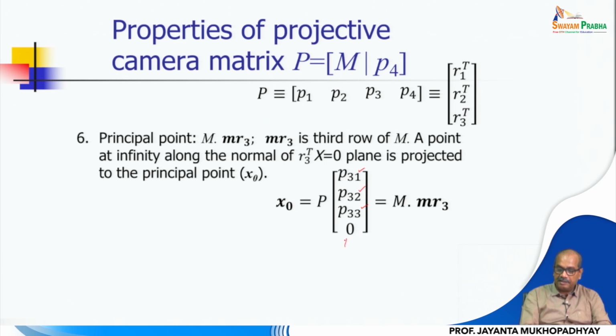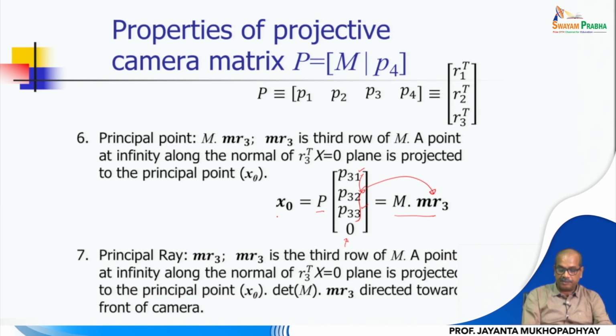And since it is a point at infinity along that direction, the scale is 0. If I perform the projection of this using P, I will get this expression. This vector itself is MR3, that is the notation we are following, and that would give us the principal point.